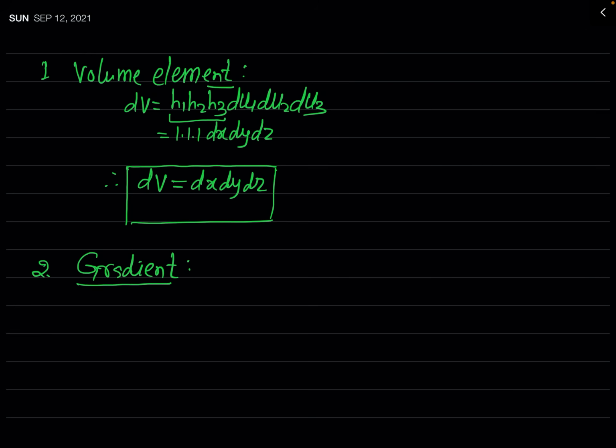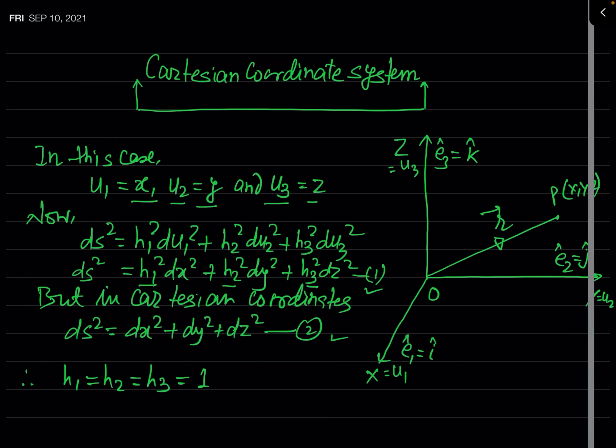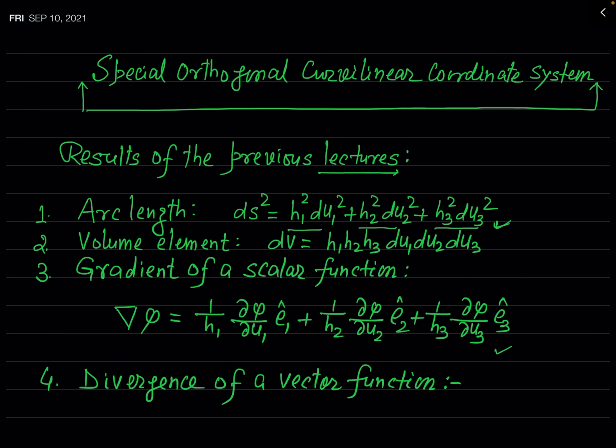As you know, in general curvilinear coordinate system, grad phi, where phi is a scalar point function, and equivalently written as del phi, is 1 over h1 del phi by del u1 e1 hat plus 1 over h2 del phi by del u2 e2 hat plus 1 over h3 del phi by del u3 e3 hat. I have mentioned this result earlier.